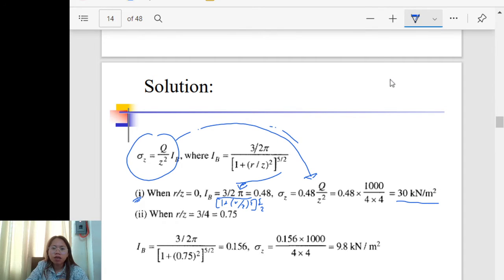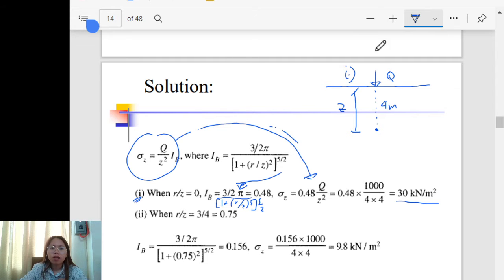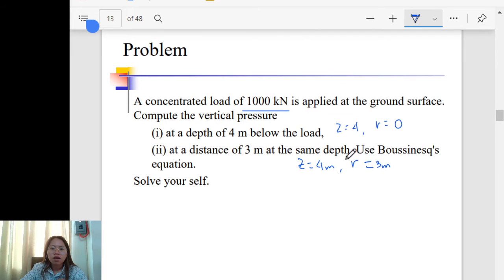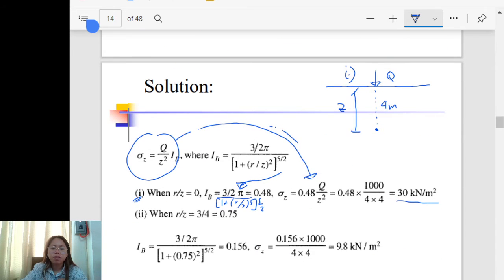The representation of that is, if you have the soil here, then you have the point load Q. What is the pressure at 4 meters? This is your Z, 4 meters. This is for condition 1. For condition 2, R is 3 meters, at a distance of 3 meters at the same depth.